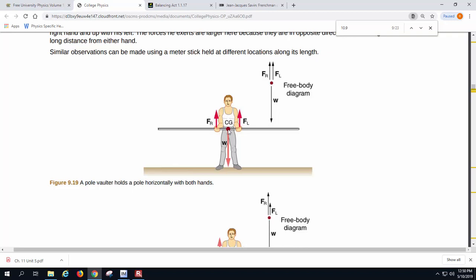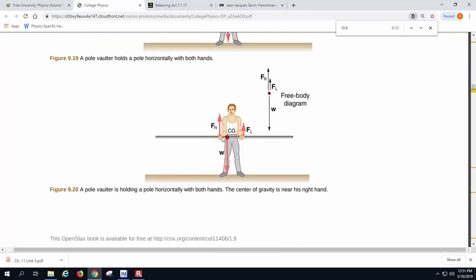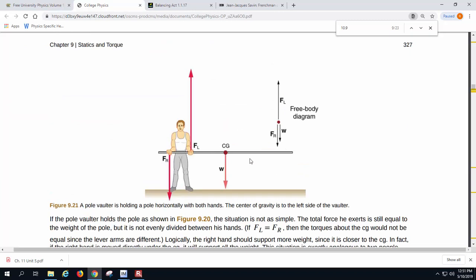Center of gravity of the pole vault right here. Whatever the force of weight is of the pole vault would be distributed equally by force up of the right hand and force up of the left hand, correct? But as soon as you move away a little bit, this right hand would hold more up than the left hand. But then we have this. So this is what it might look like before the pole vaulter starts running, to where left hand's going to apply the upward force. Force of weight down here, isn't this one going to stop it from rotating?